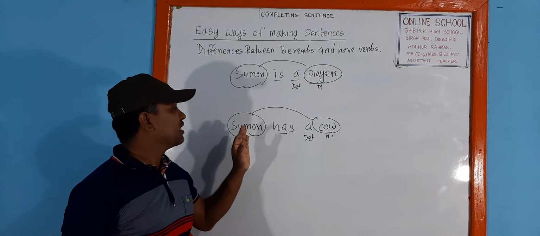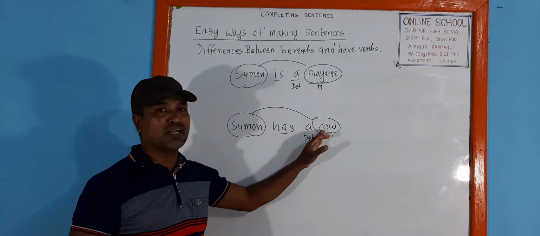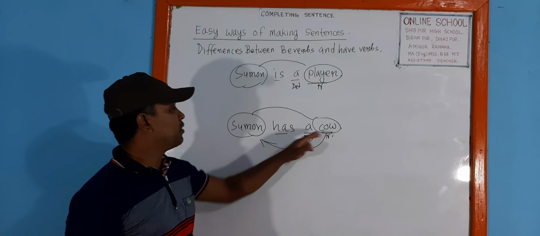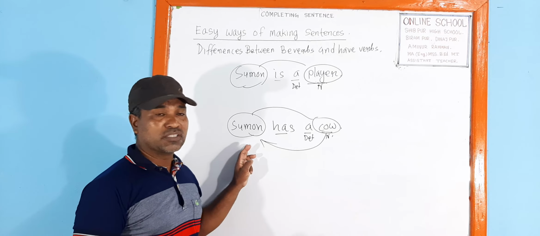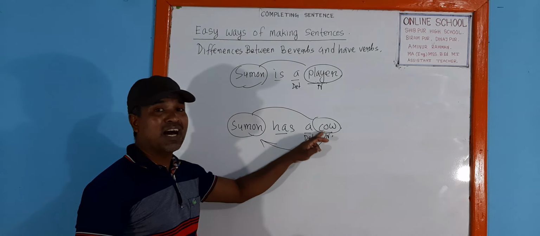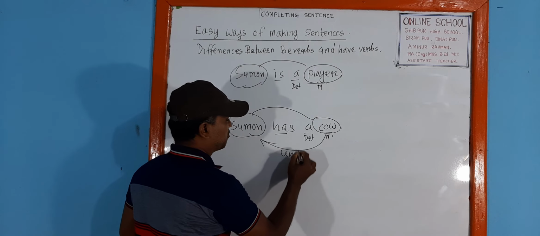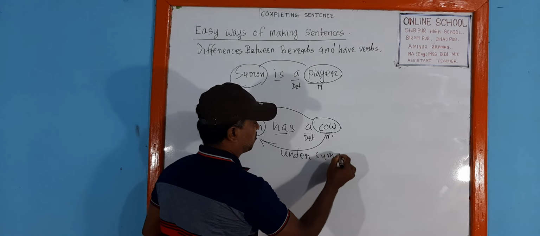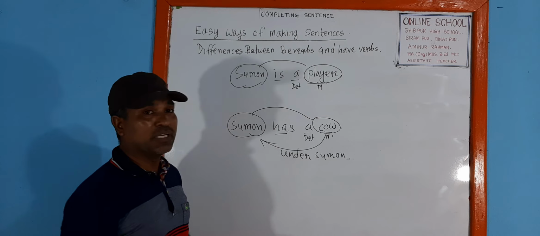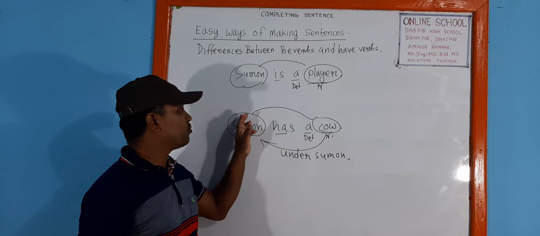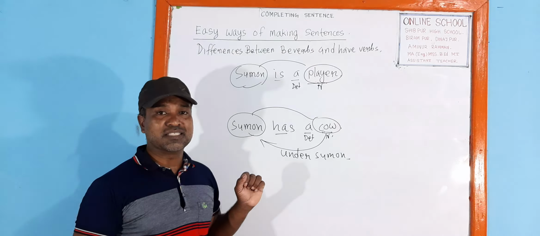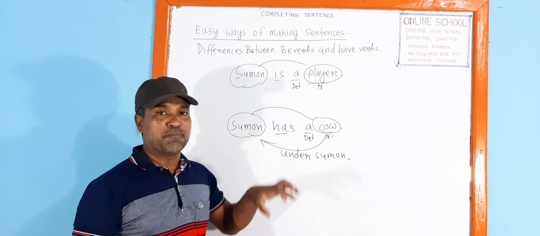And if the subject has no power to be the noun, but this noun will belong to Shumon, that is, this noun will be under Shumon, and Shumon cannot be the noun, okay, then in this type of sentences, we will use have or has or had. Okay, that means have verb.